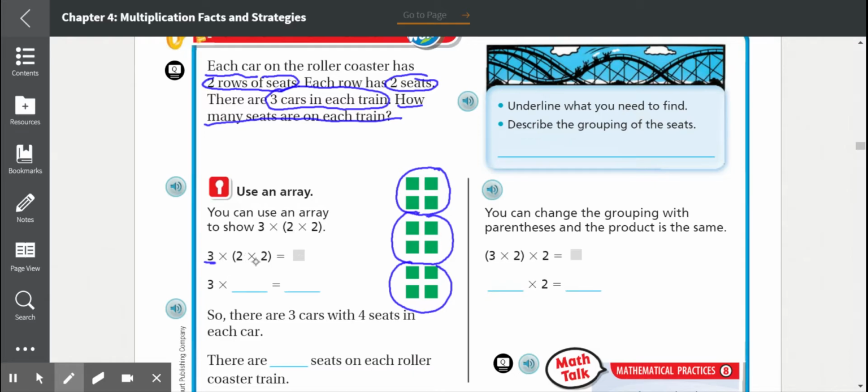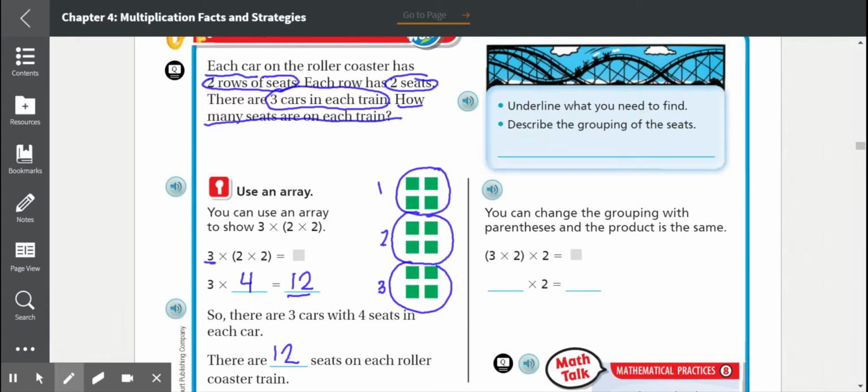So that's why it says 2 times 2. And then we have that 3 times, right? The 3 stays the same, and then 2 times 2 is 4. So 3 times 4 is 12. So that's 1, 2, 3, 4, 5, 6, 7, 8, 9, 10, 11, 12. So there are 12 seats on each roller coaster train.